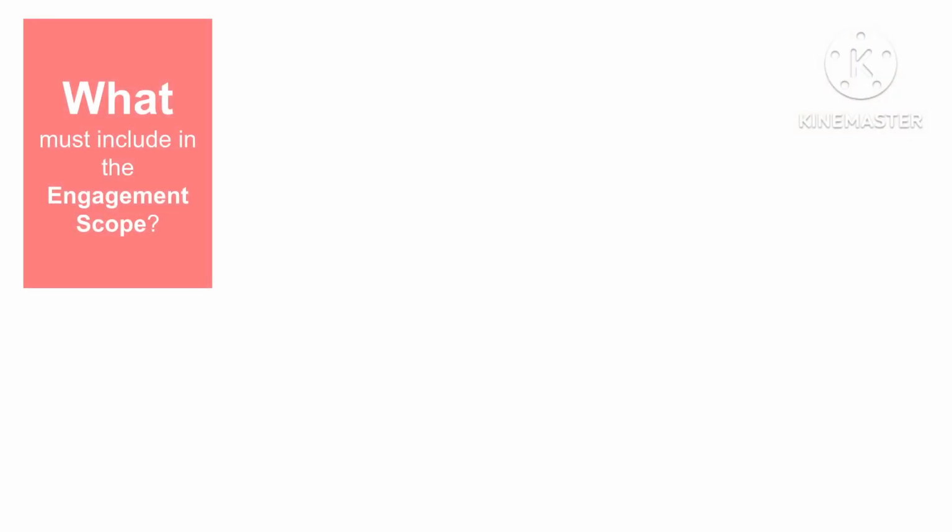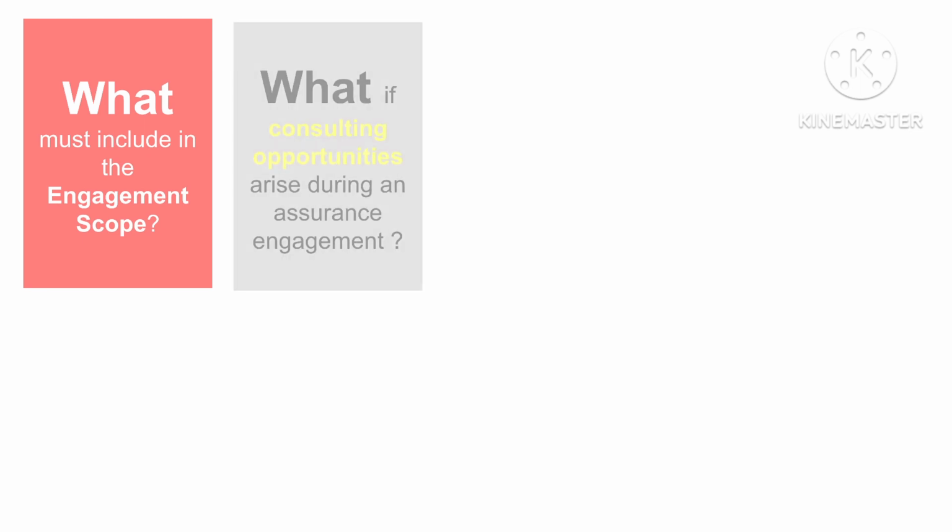So as per our practice, let's start by first asking some interesting questions and then try to get answers to these questions all along the line when we review this all-important standard. What must be included in the engagement scope? What if consulting opportunities arise during an assurance engagement?